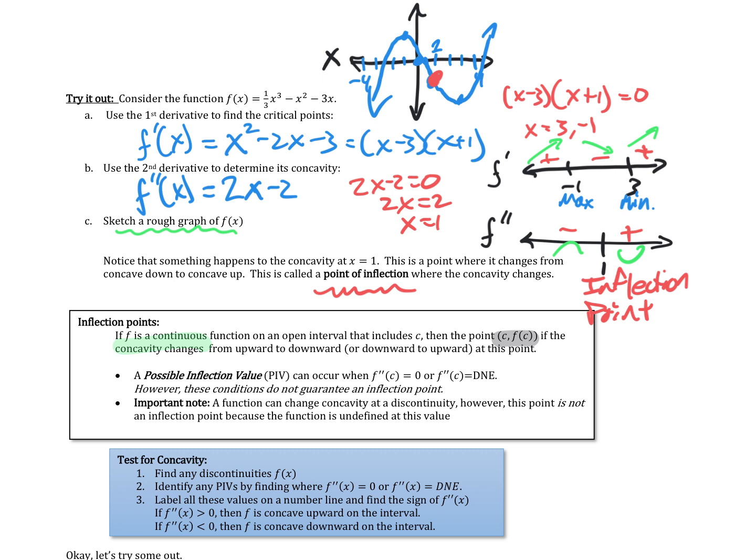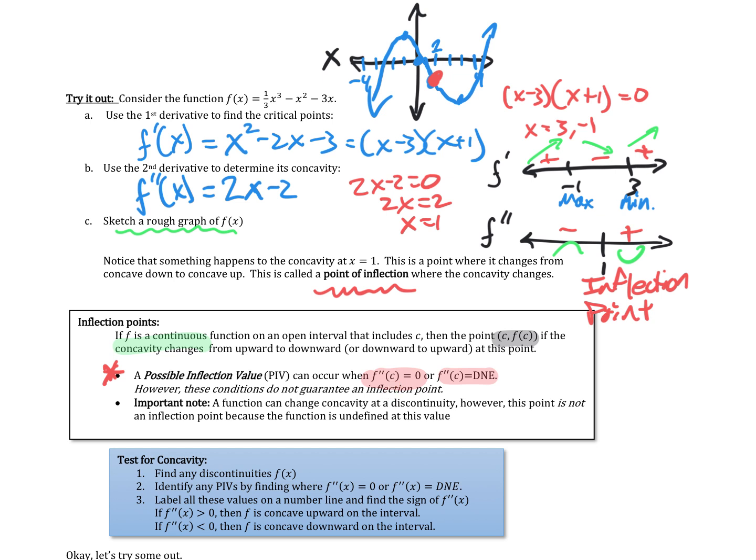So to find this, we can find a possible inflection value. And that occurs when the second derivative is 0 or when the second derivative is undefined. These don't guarantee an inflection point, but they tell us where we should check. So basically, these are the critical values of the second derivative.